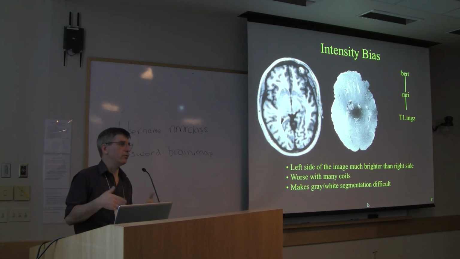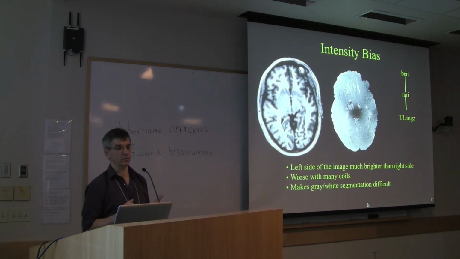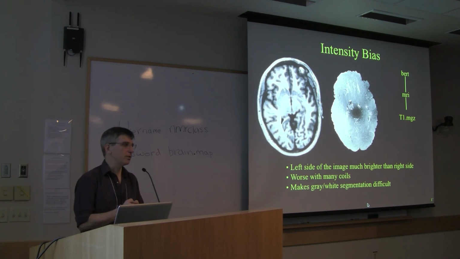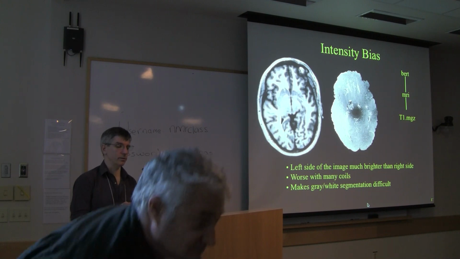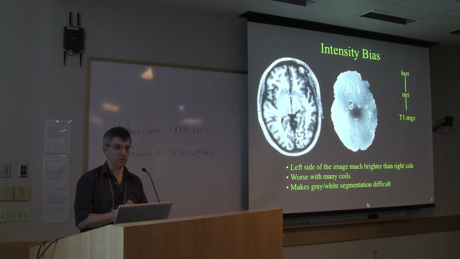One is so that you know something about what FreeSurfer is doing. And then the second reason is that there are certain failure modes that you have to be aware of. And Allison will talk more about that in her talk on failure modes this afternoon. So one of the first things that FreeSurfer will do is something called intensity bias correction, or also called intensity normalization. So these 2 I'll use interchangeably.